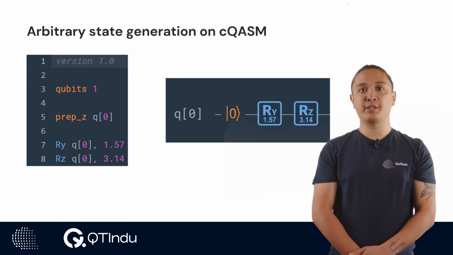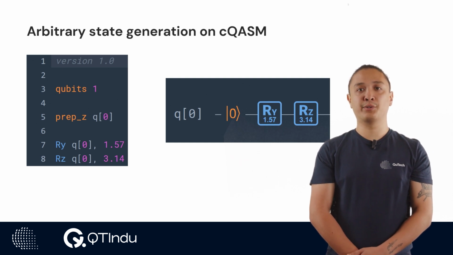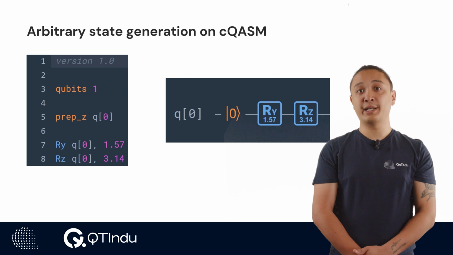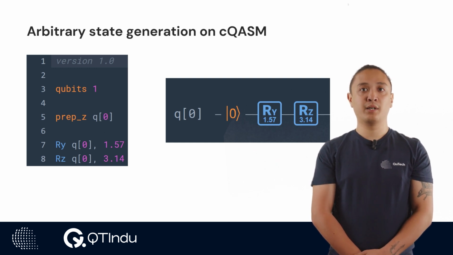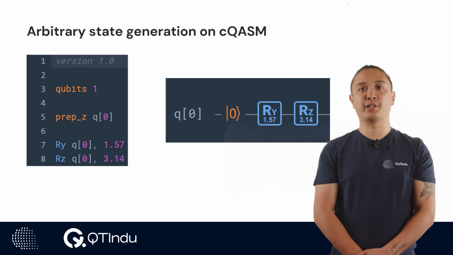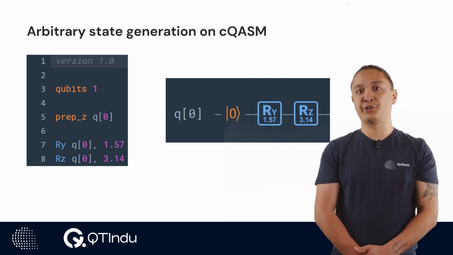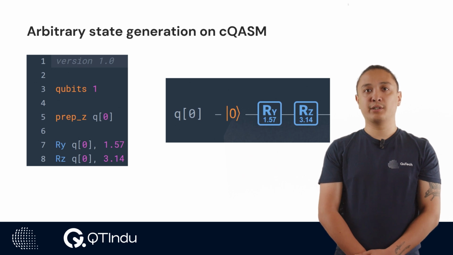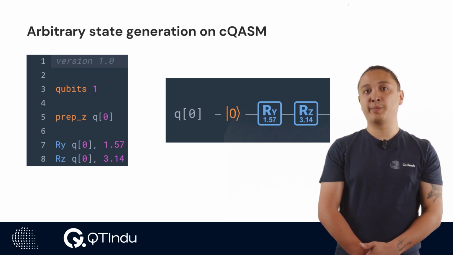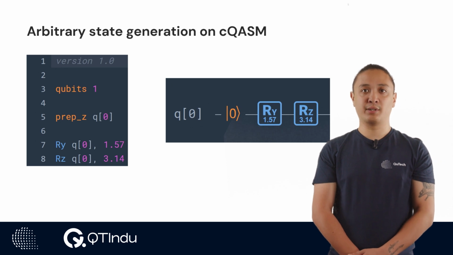Here, we use theta and phi to be pi over 2 and pi, or in radians 1.57 and 3.14 respectively. We can see the corresponding circuit on the right. These gates will generate the minus state as shown in the previous slide. To generate any arbitrary state with some theta and phi, we must replace the values of these angles.